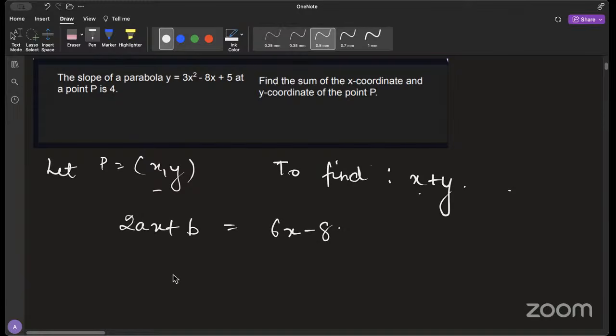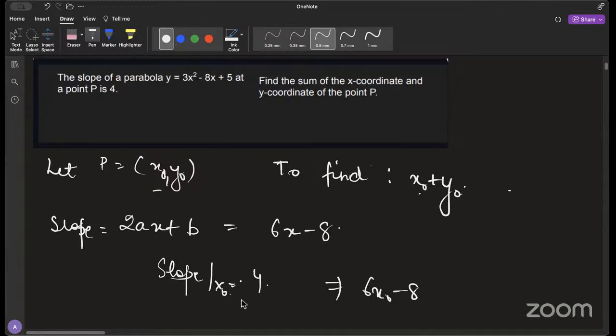Slope at x naught is given to be 4. You don't need the x naught notation; I have written this only for you to know that we're finding the slope at a particular point, and we're substituting that point here.